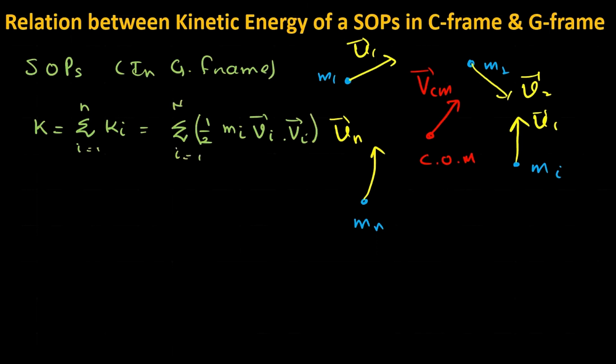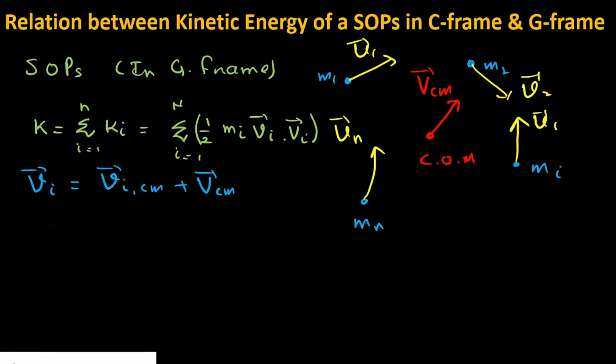And now I'll use a result of relative motion. What result? That the velocity of the ith particle can be written as the velocity of the ith particle with respect to the center of mass plus the velocity of the center of mass. This is a simple chain rule of relative motion.